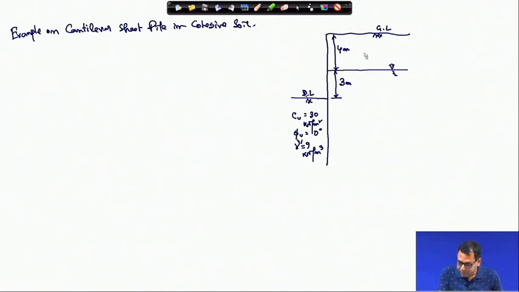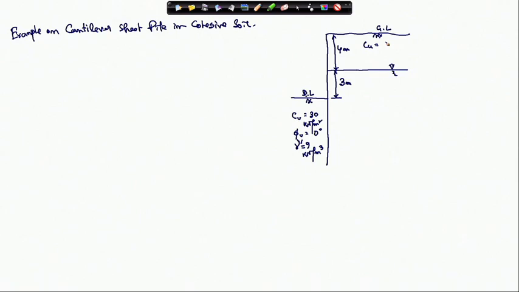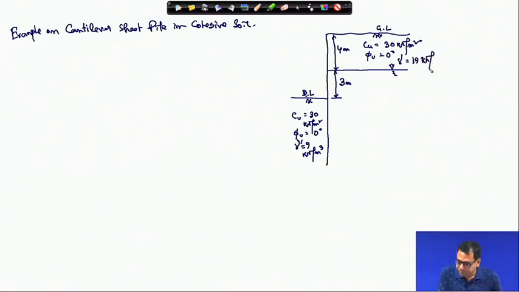Above the water table, again I am considering the same Cu value, so this is also 30 kilonewton per meter square, phi u is 0 degree, and above the water table unit weight is 19 kilonewton per meter cube. So, this is the problem that I am taking.